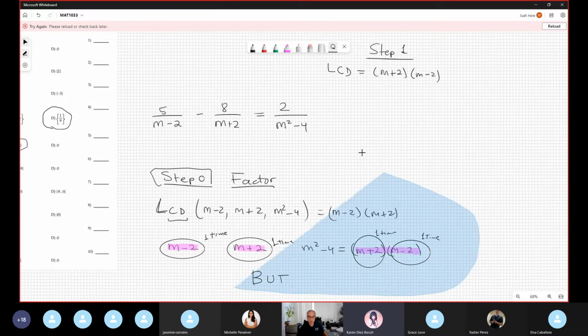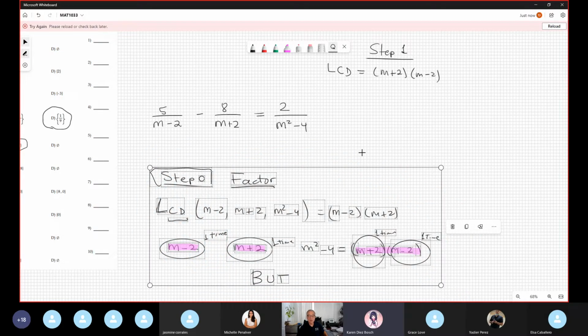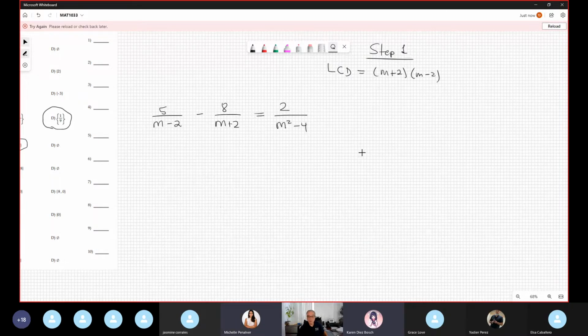What is step 2? The restriction. Exactly, the restriction. Step 2 is the restriction.